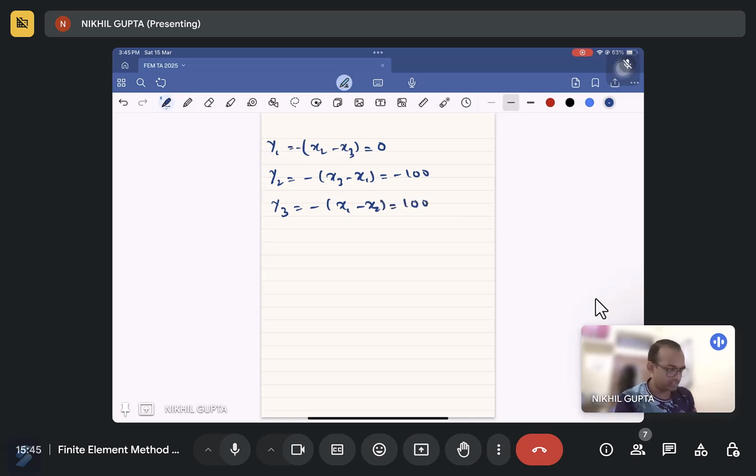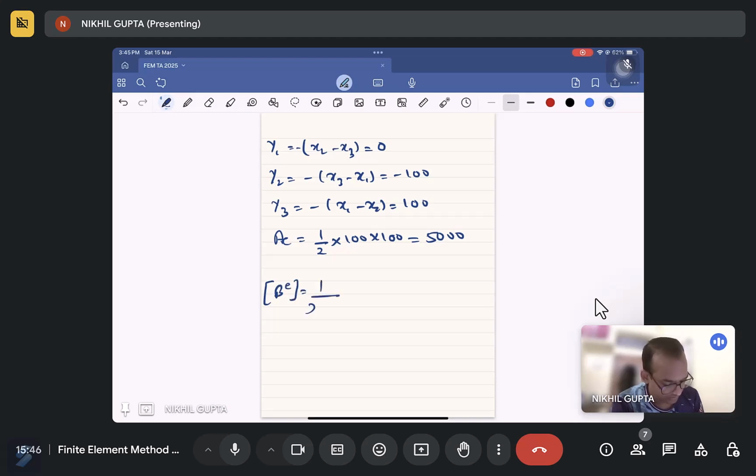Okay, let's calculate the area as well. So area will be half base into height, which is directly 5000. Now let's calculate the B element by substituting the values.